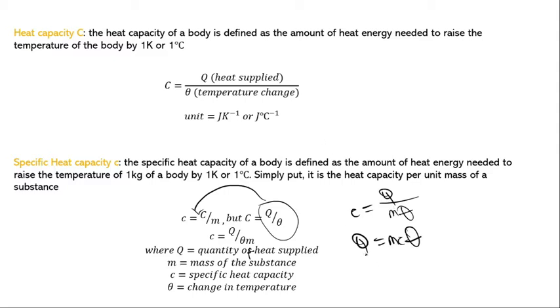This formula is very, very important when we are solving problems related to heat energy. So the heat energy of a body is equivalent to the product of the mass, the specific heat capacity, and the change in temperature of that particular body.